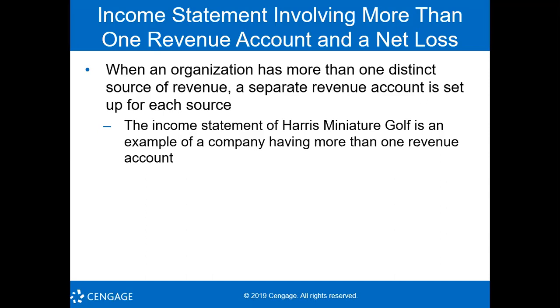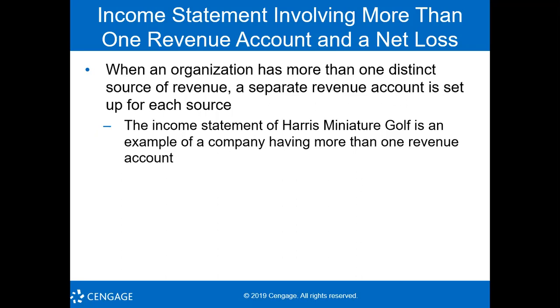And then when we have a net loss, what that means is that our expenses were greater than our revenue, right? So just to make the math easy, if we had revenue of 1,000, but our expenses for the month were 3,000, we had a $2,000 net loss, right?